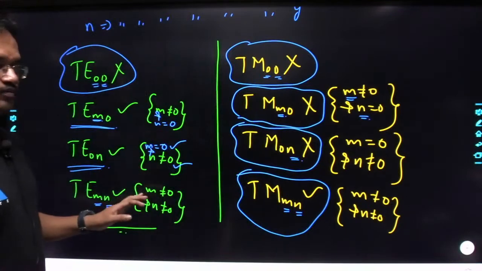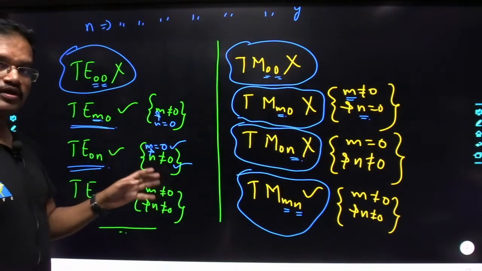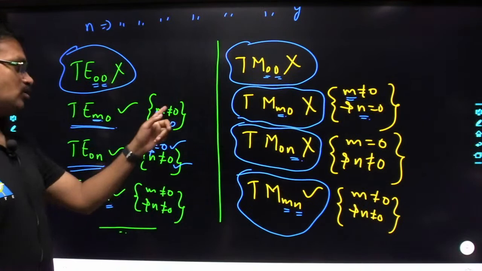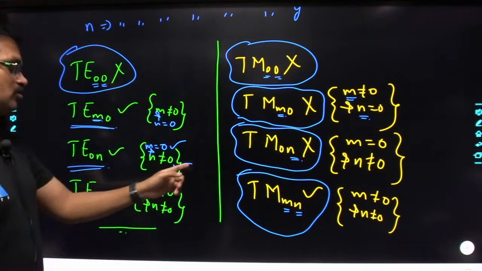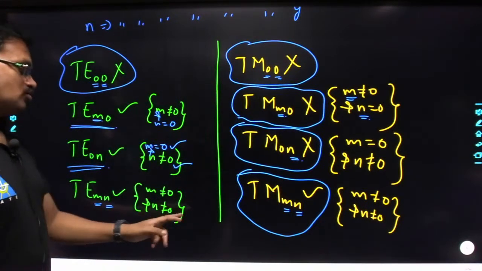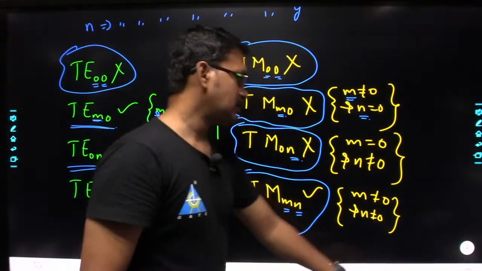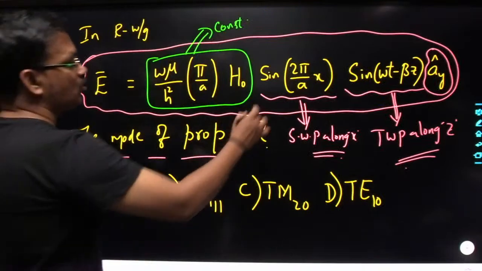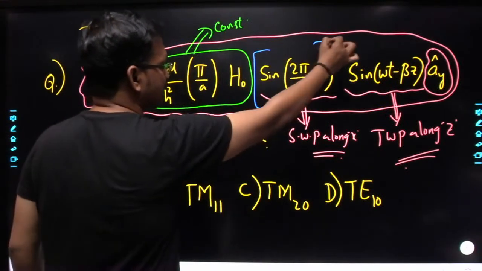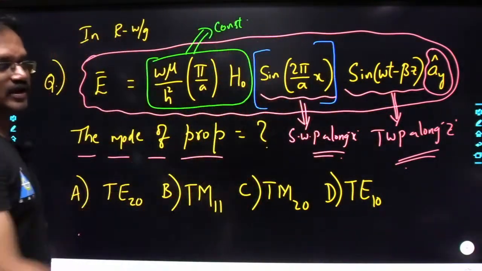Whereas in TE mode, only one standing wave pattern mode is also possible. Here only one standing wave pattern is possible, and here only one is possible. So both standing wave patterns is also possible. But in the given expression, they have given only one standing wave pattern, so there is no other standing wave pattern.